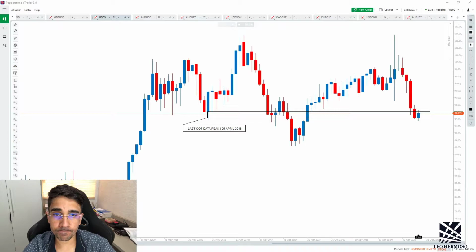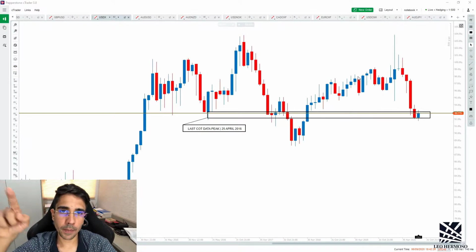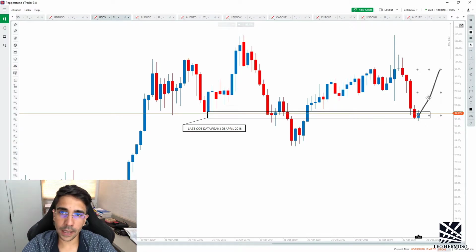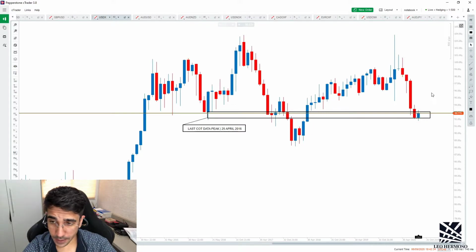And so I also don't think that we are going to see a V-shape, something like this, with the dollar doing this movement in a straight line. But I think once we have the definition of the US presidential election, we are going to see something like this.